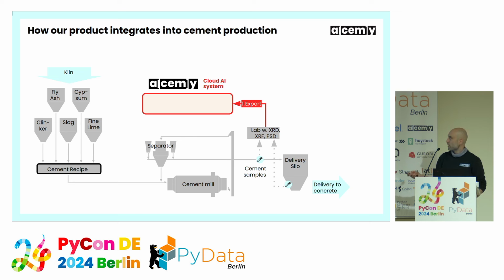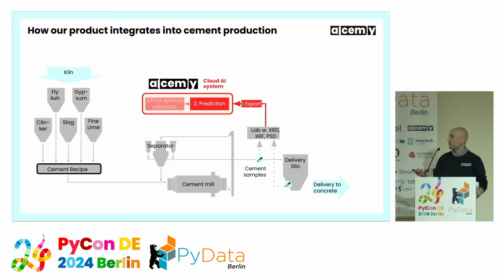So what we can now use is a machine learning algorithm to correlate these measurements with the strength, train it, and make predictions. They sample the cement, run it through the laboratory, and export it into our cloud, where we run a prediction algorithm, and then we can say, hey, the cement that you're currently producing gets to 55 megapascals.